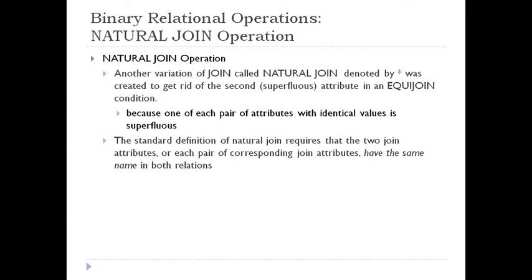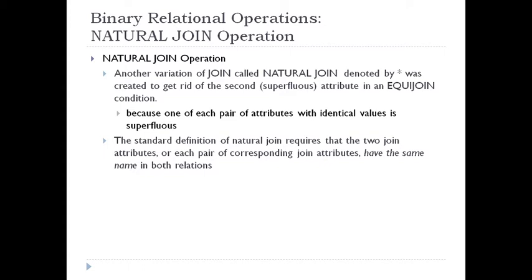Now how can we remove this spurious or redundant column? We need to see that if the attribute names are the same in both relations, then we can take the natural join. Okay, if the attribute names are identical, then we can take the natural join.